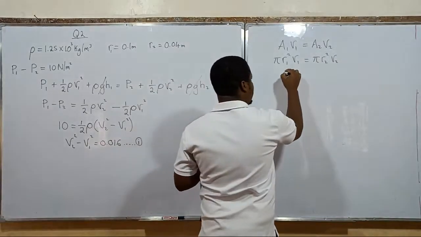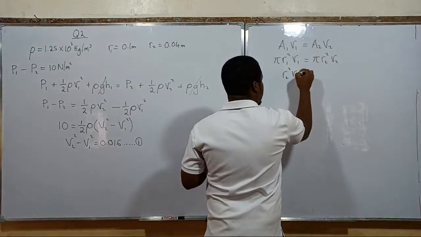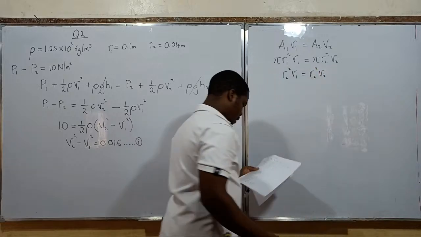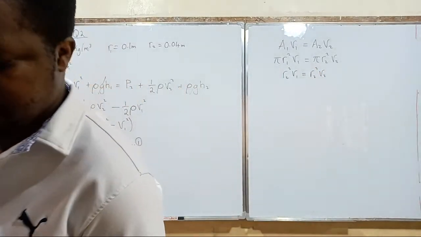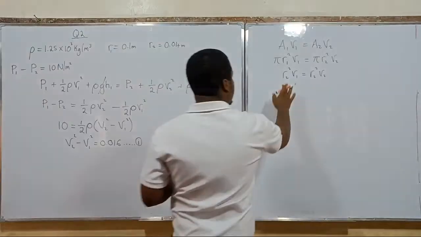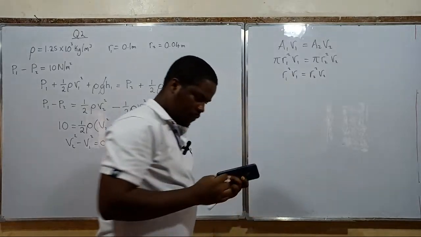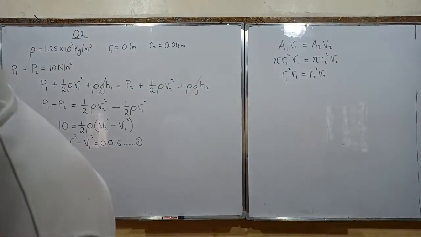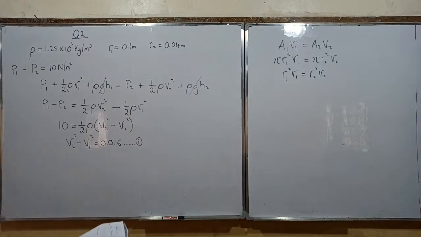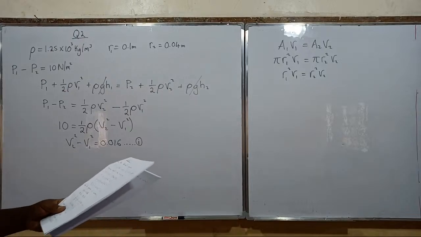What do we remain with? R1 squared V1 is equal to R2 squared V2. Now, let's divide both sides to create a ratio.